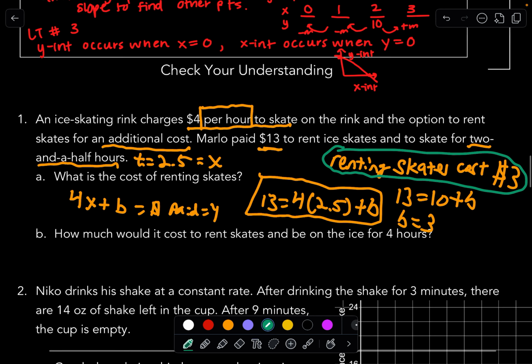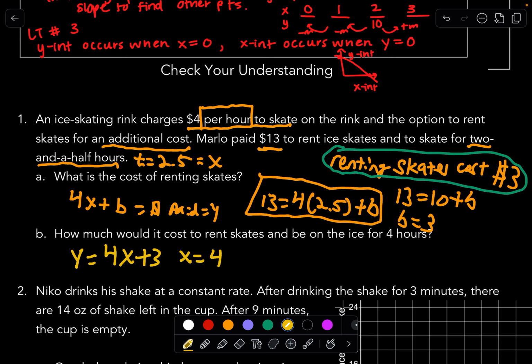Okay. How much would it cost to rent skates and be on the ice for 4 hours? Well, now we have the full equation. We know we have Y equals 4X plus 3. And for 4 hours means X equals 4.